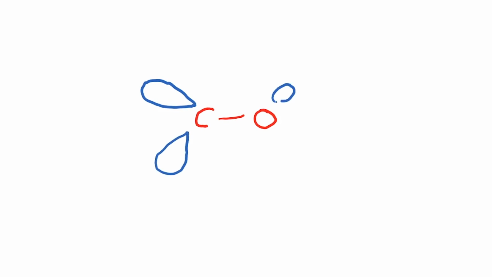Now let's get back to the attack and think about what the attack is going to look like. I'm just going to draw the C double bond O again, carbon, oxygen, and here is the antibonding orbital, pi star. Let's color this so that we are clear about the signs of the orbitals. As we looked at previously, the antibonding orbital is at an angle.